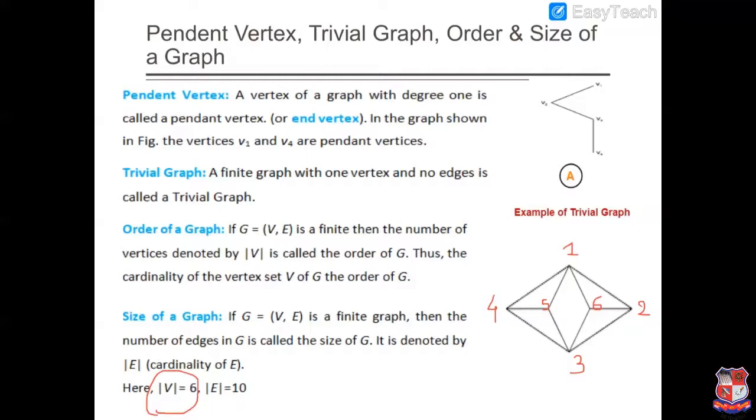And here the number of edges are 1, 2, 3, 4, 5, 6, 7, 8, 9 and 10. So the number of edges is 10, that is cardinality of E is equal to 10, which is the size of our given graph.